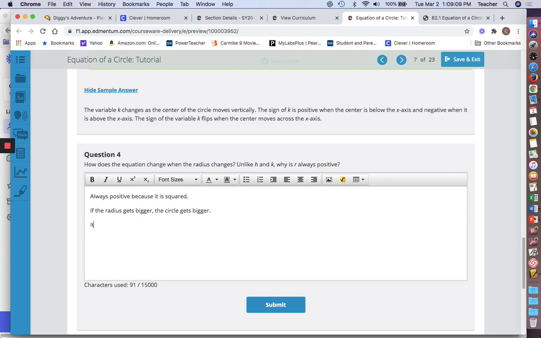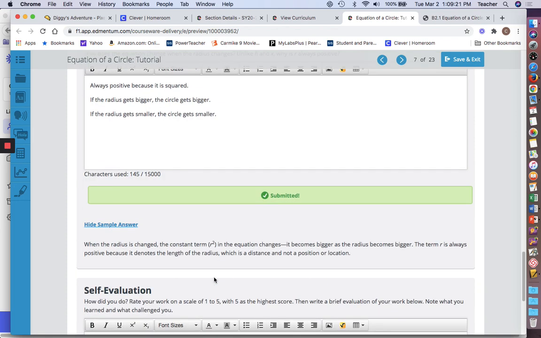If the radius gets smaller, the circle gets smaller. I'm not exactly sure what it's asking, but that's pretty much it. Always positive. Okay, cool.